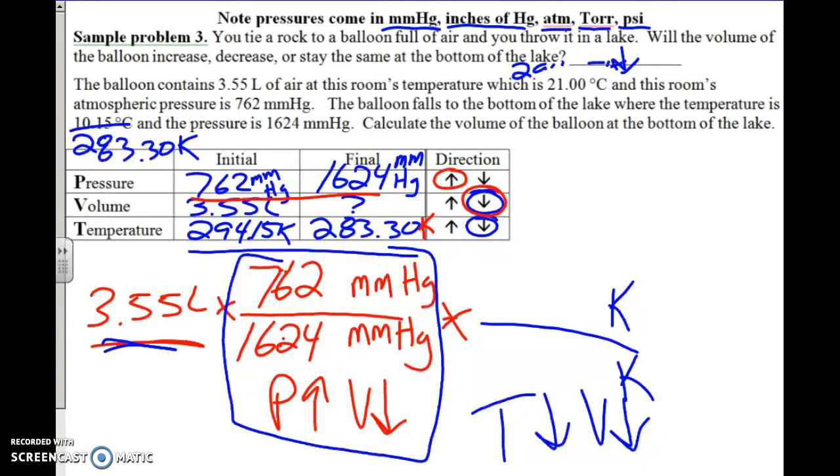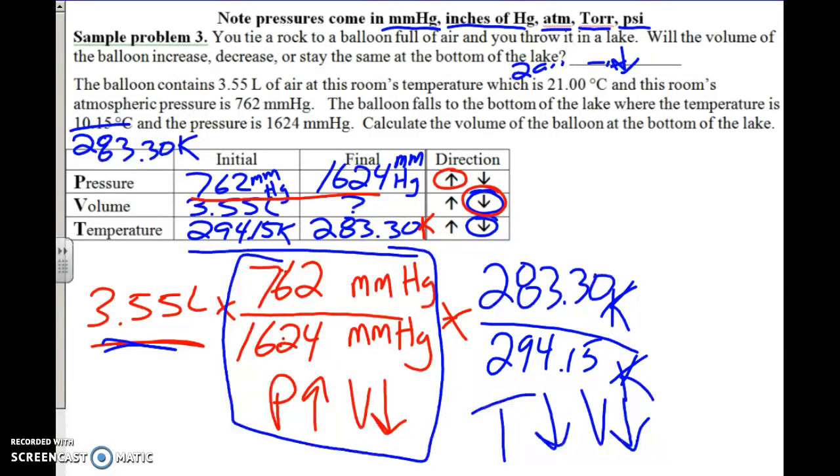So I put the smaller of the two numbers on top. The K's will cancel out, the millimeters of mercury will cancel out. We're left with our label of liters. And go ahead and crunch that number, see if you get the correct sig figs. The answer ends up being 1.60 liters.